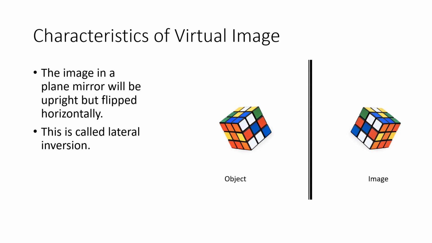So if we look at the Rubik's Cube, we can see the green squares on the right-hand side of the object, and over here in the image, they're on the left-hand side. So that means that our image has been flipped laterally compared to the object. However, the thing that stays the same is that we are still upright. The image is upright compared to the object, so that stays the same, just flipped left and right.